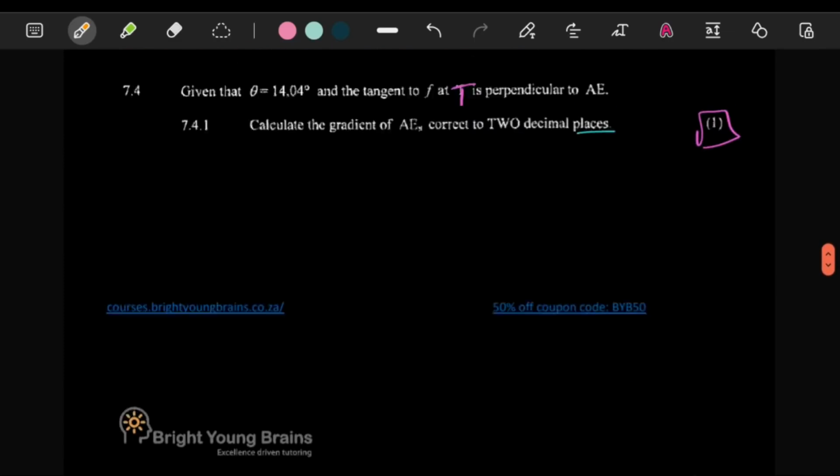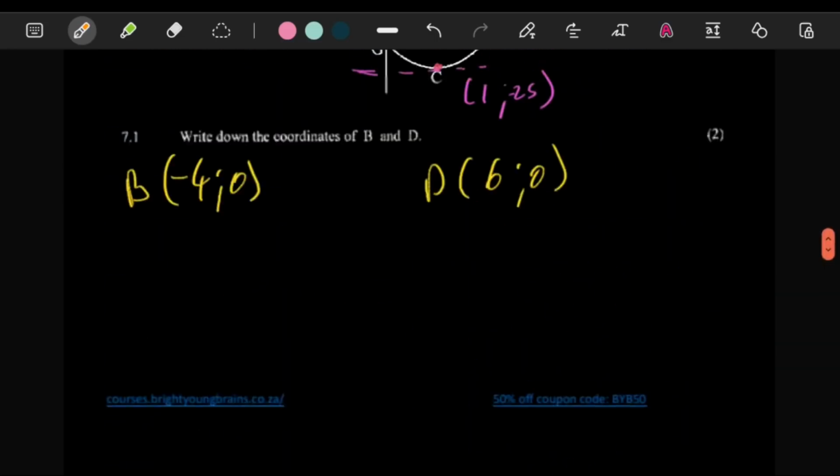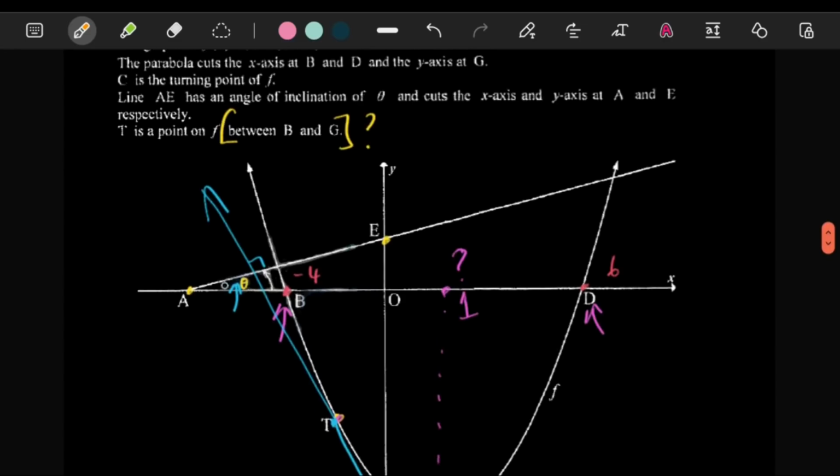How? Well, tan theta is equal to m. So if it's tan 14.04, your gradient for AE specifically is going to be 0.25. That's the gradient of AE, because this is the angle of inclination.